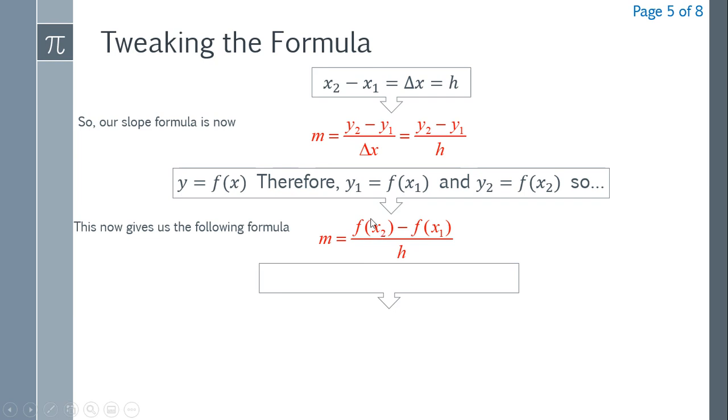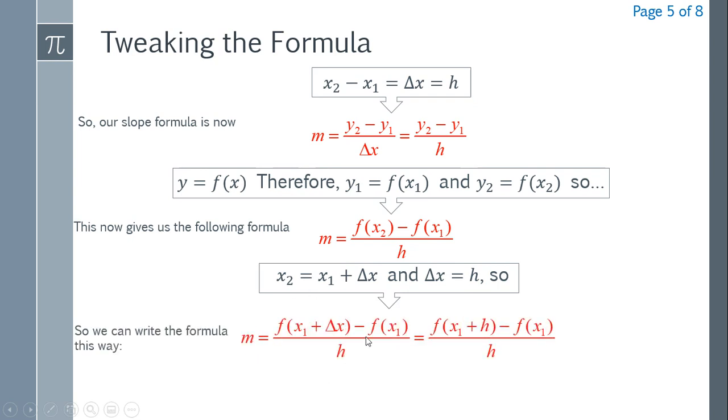So we have the change in y, or the change in f of x values, divided by h, my change in x. Now, x2 is the first x plus that little tiny delta, okay? And delta x is equal to h. So what do we come up with? We come up with this formula.